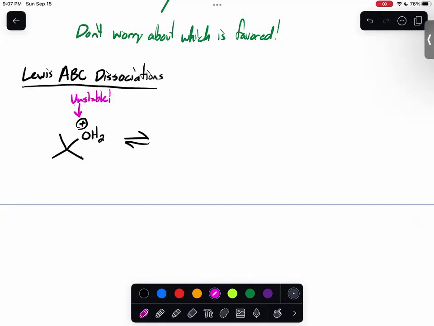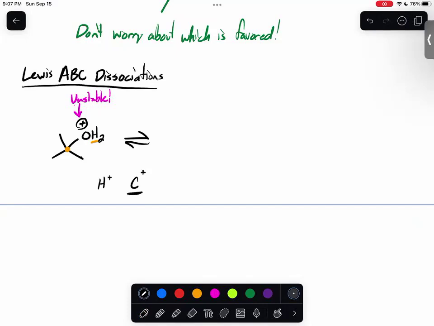We can either take away from a carbon or a hydrogen, right? The hydrogen would become an H plus, whereas the carbon would become a C plus. If you think about these two in terms of electronegativity, the one that would be happier with the positive charge is actually the carbon.